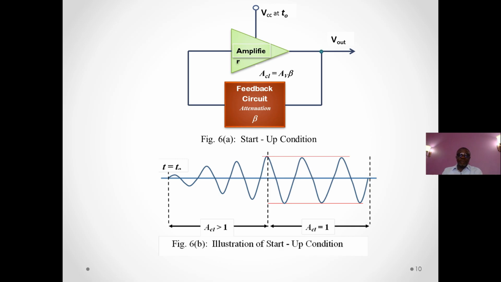So because it is greater than 1, the next amplitude of that signal is bigger than the first one. This one is fed back again, and it amplifies because it's greater than 1. So the output becomes higher than the previous one. The same thing happens when it is fed back.